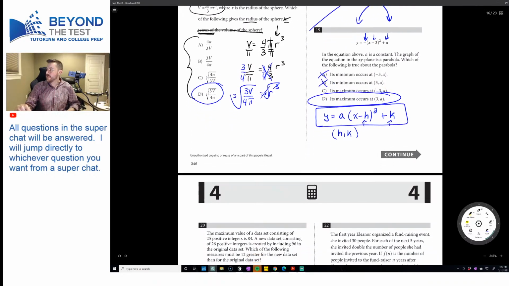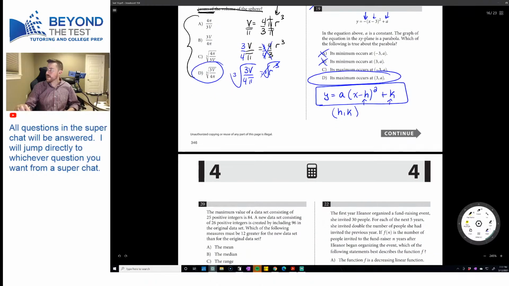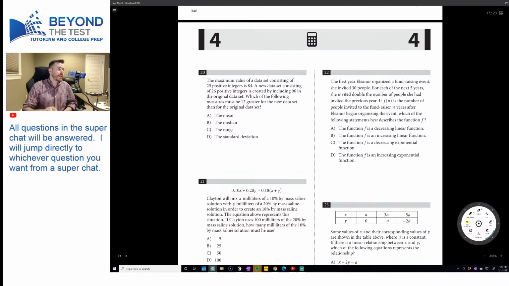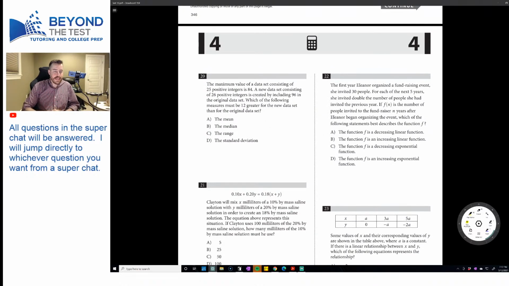All right, continuing on here. So that was 19. Now we're looking at 20. It says the maximum value of the data set consisting of 25 positive integers is 84. A new data set consisting of 26 positive integers is created by including 96 in the original data set.